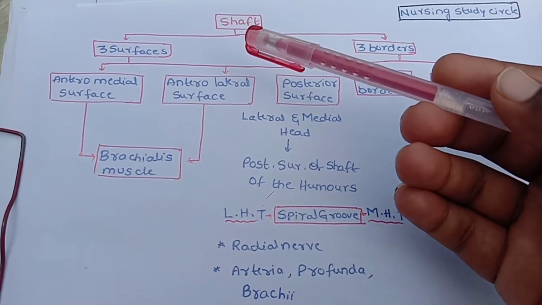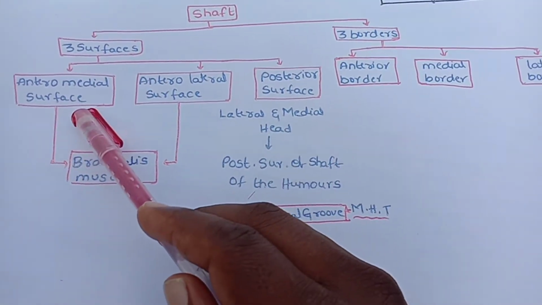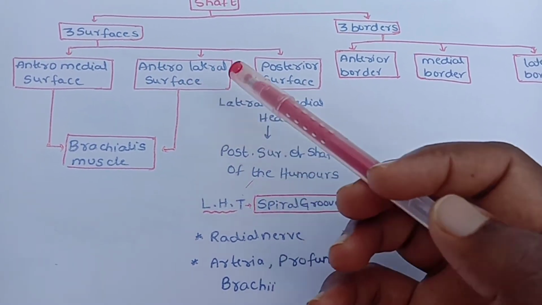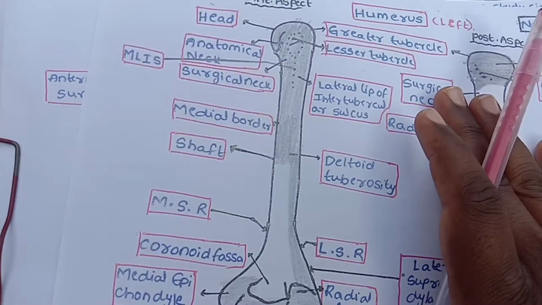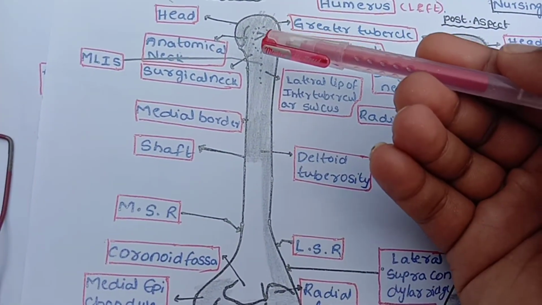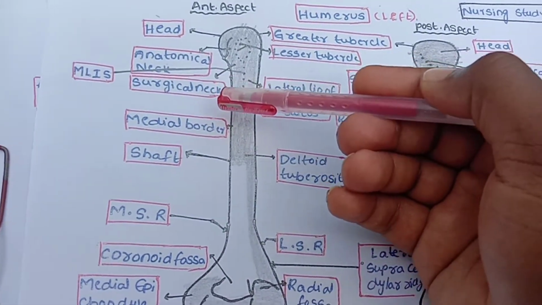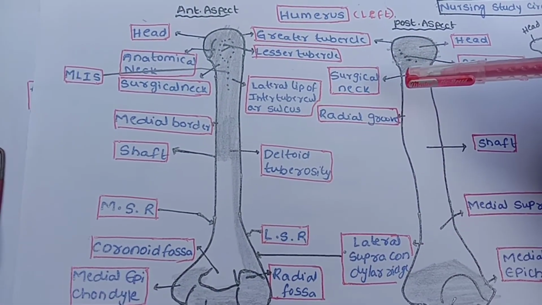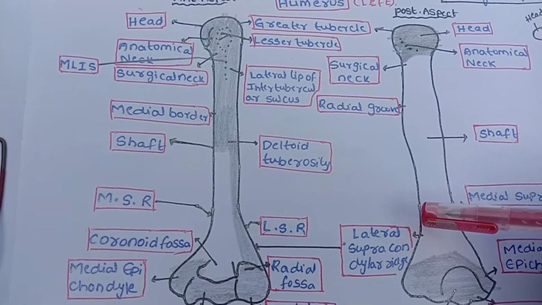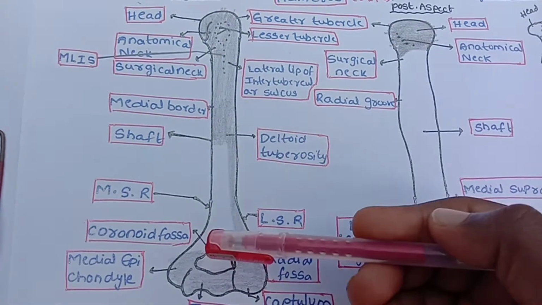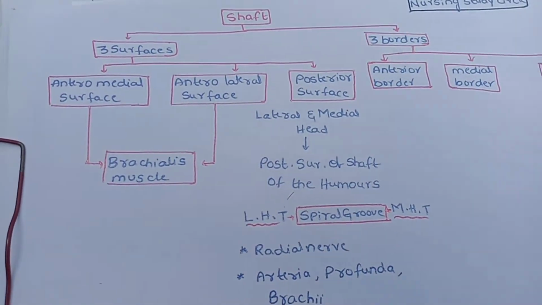The shaft has three surfaces and three borders. The surfaces are the anteromedial surface, the anterolateral surface and the posterior surface. In this diagram, this is the anteromedial surface, this is the anterolateral surface, and this is the posterior surface, on the posterior aspect of the shaft.